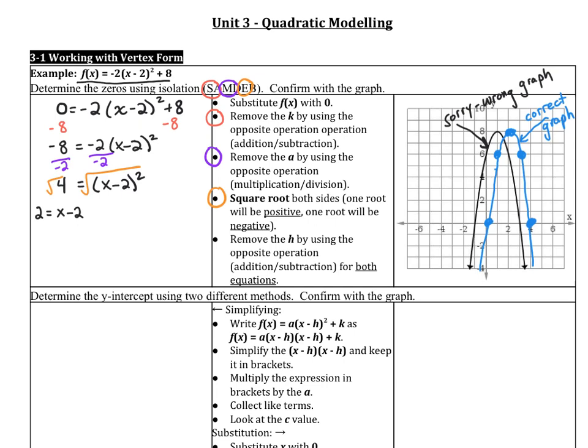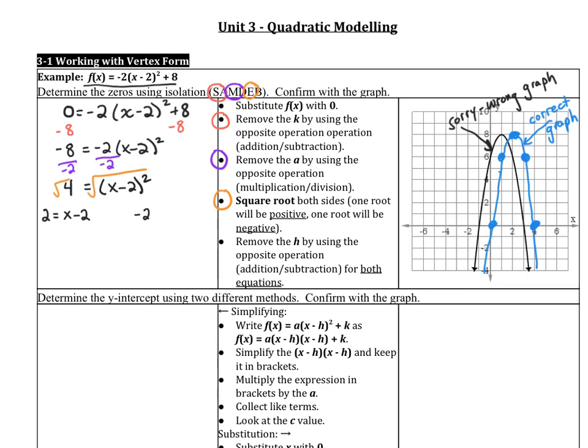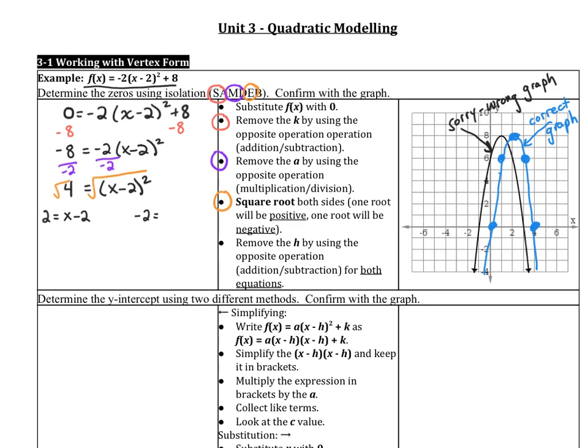But another possible answer of the square root of 4 is negative 2. So the square root of 4 can be 2 or negative 2. On the right side, when you square root it, the square root cancels with the square and you get x minus 2.